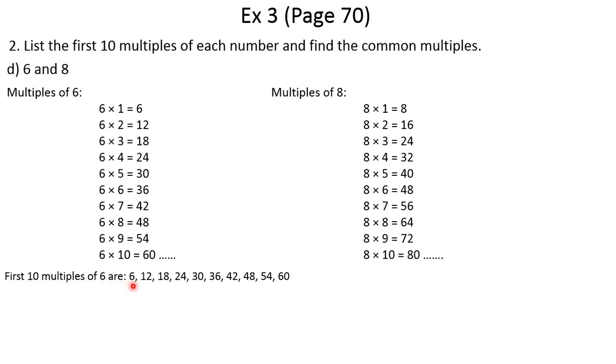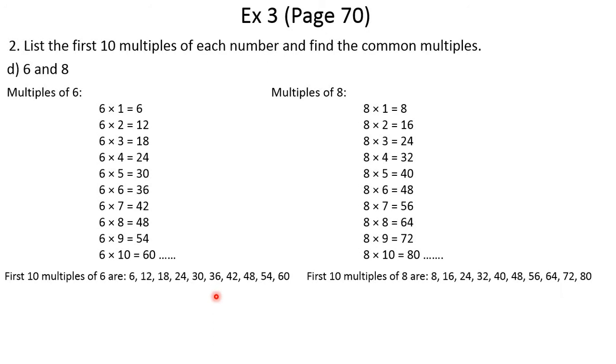Those are 6, 12, 18, 24, 30, 36, 42, 48, 54 and 60. And the first 10 multiples of 8 are 8, 16, 24, 32, 40, 48, 56, 64, 72 and 80.